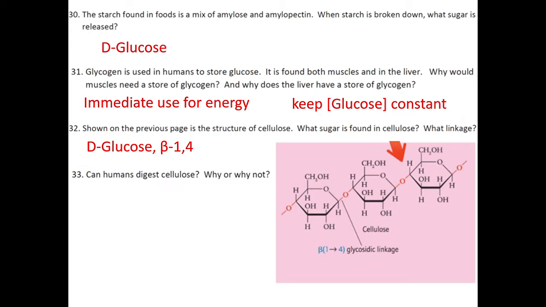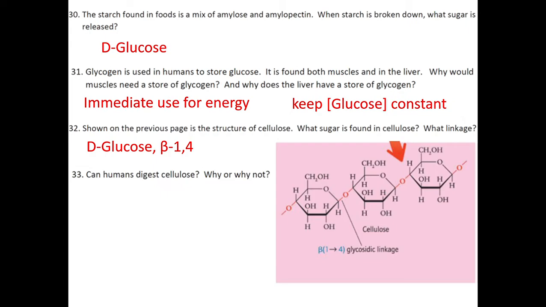So we only see that the linkage is beta 1,4. Okay, so you still know that the linkage that we find in amylose, amylopectin, and glycogen, they are all alpha. So alpha 1,4 or alpha 1,6, they are all alpha.